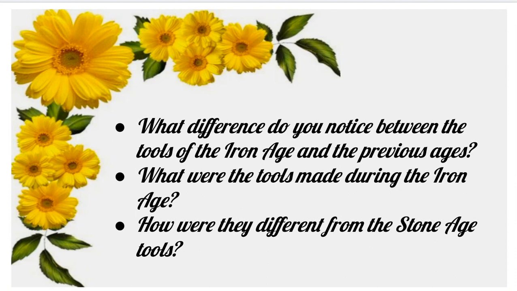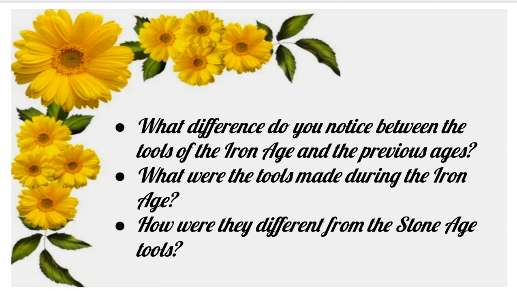So, what were the tools made during the Iron Age? So, the tools made during the Iron Age were chisels, spears, and flat axes, and other tools like knives and some more. However, how were they different from the Stone Age tools?